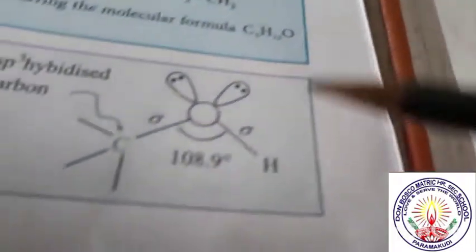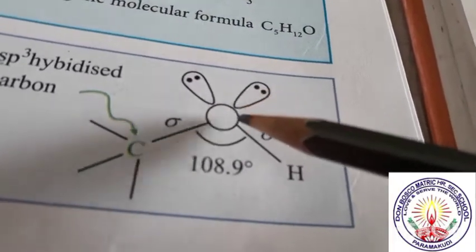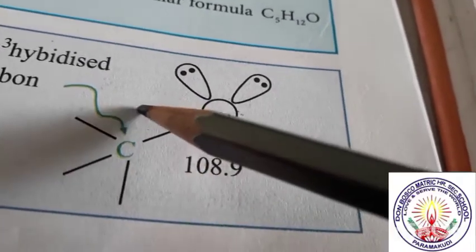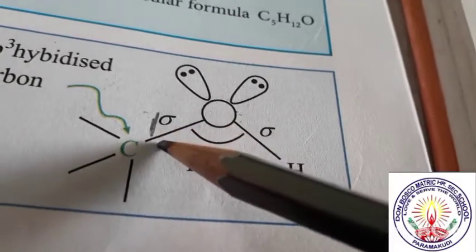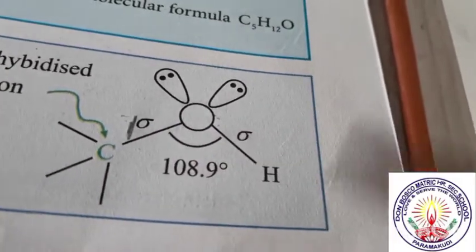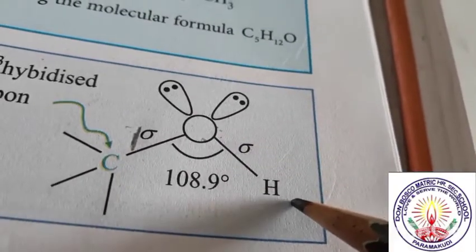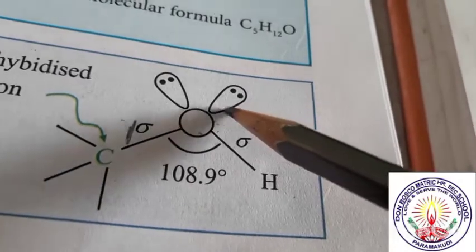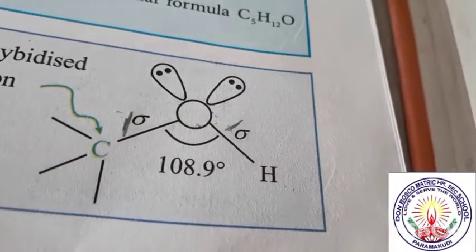And you see, oxygen's 1 sp3 combining with carbon's 1 sp3 forms 1 sigma bond, a linear bond, that's a sigma bond. And the second sp3 of oxygen combining with hydrogen 1s forms 1 sigma bond.